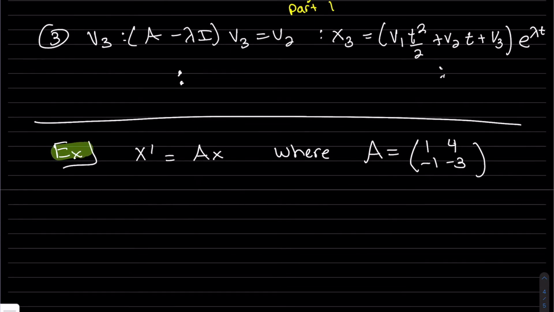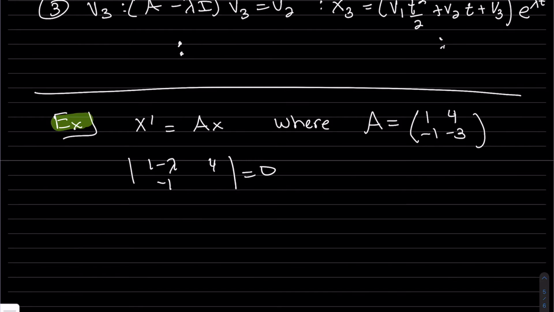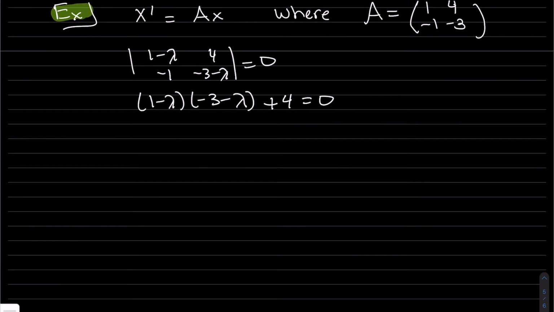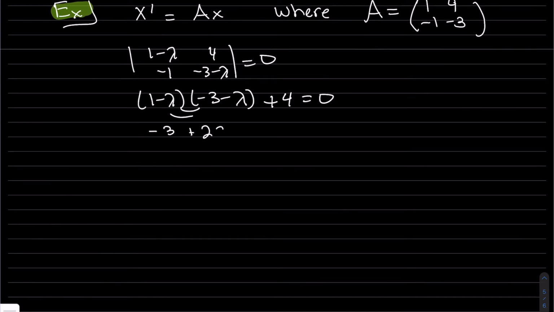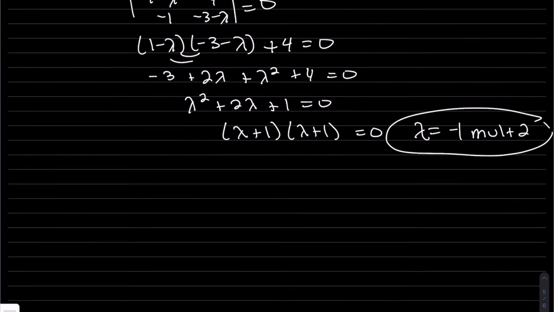So let's go ahead and find our eigenvalues. So I forgot to subtract lambda. Okay, so we have our multiplicity of 2, which we expected.